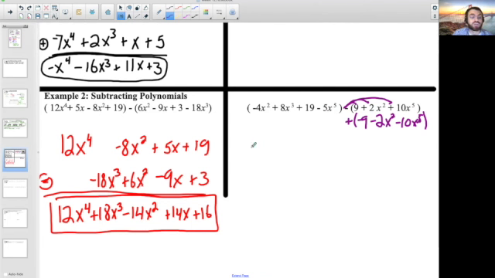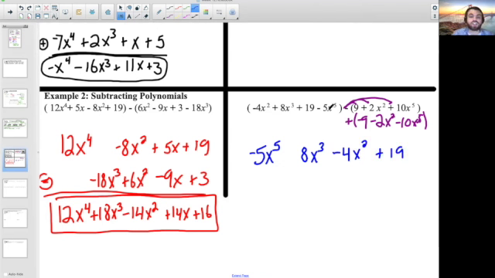I'm going to use the column method. So I'm going to put these each in standard form. And one reason I like the column method is because it actually forces you, most of the time, to put it into standard form. So that avoids having to rearrange in the final step. There's no x to the fourth, so you saw I erased and didn't put anything there. 8x cubed, negative 4x squared, and 19.